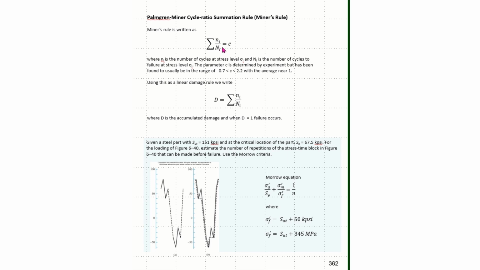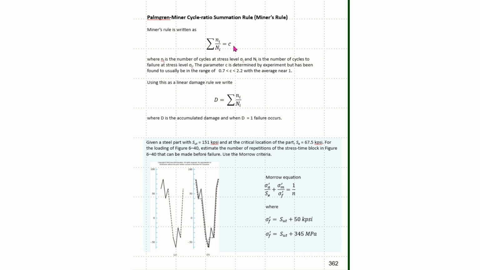So this little ni represents the actual load conditions. The big Ni represents a strength type value, the number of cycles at the strength or the maximum.